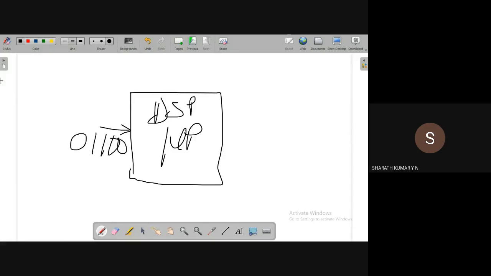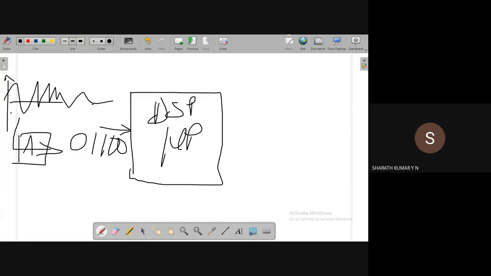But as we have understood in the beginning, all the real world signals are analog in nature. So these analog signals have to be converted into digital signals using an ADC, analog to digital converter. We are going to study the various types of ADC in our course.